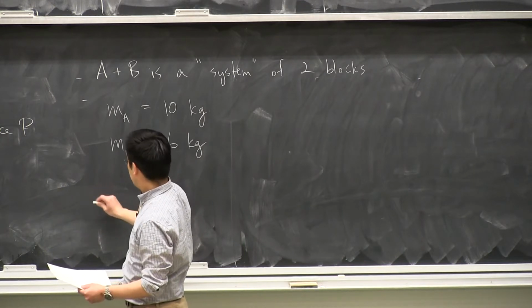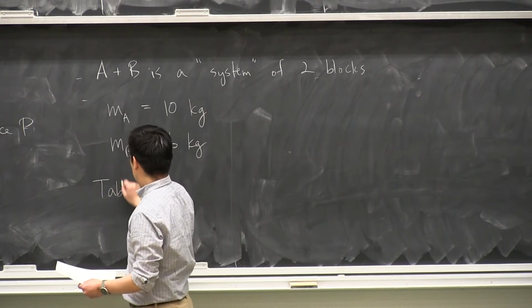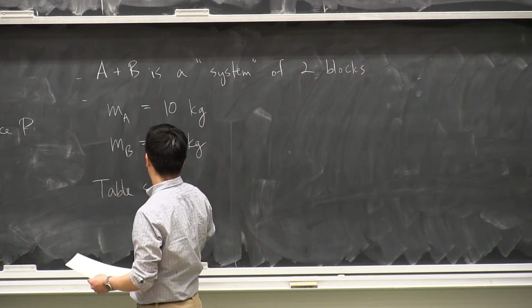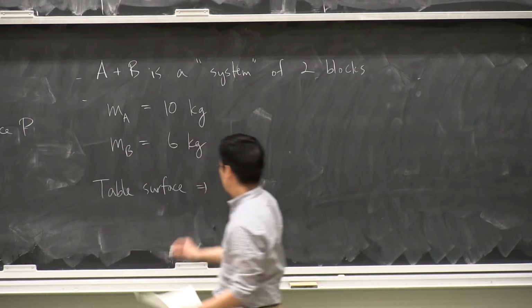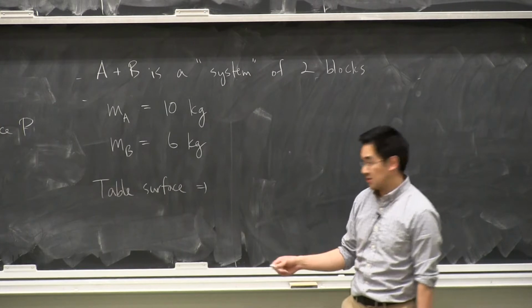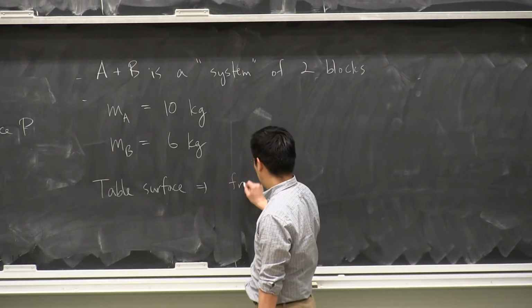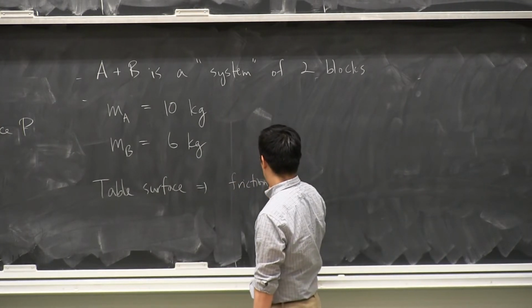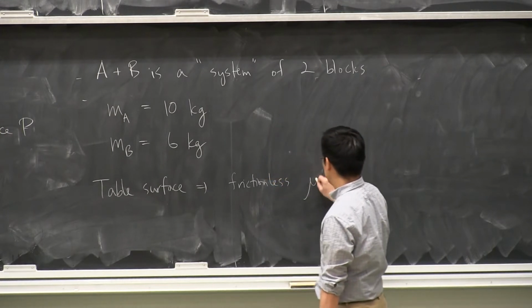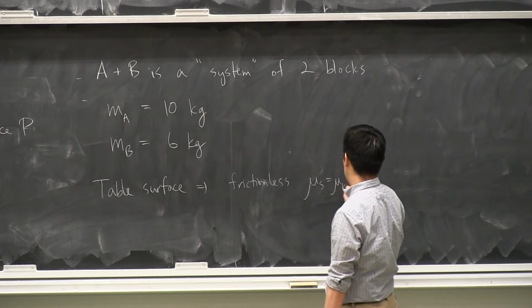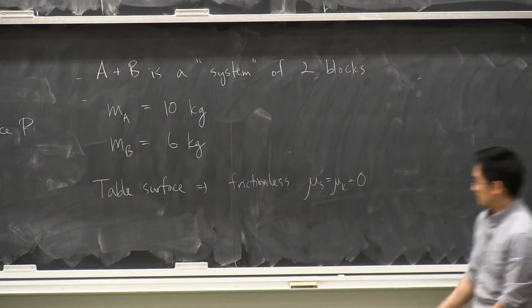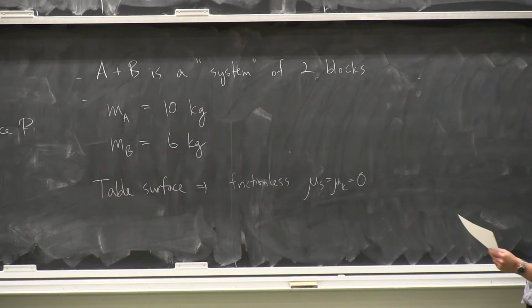So, table surface. Table surface, we're going to actually say that it's frictionless. So this means mu s is equal to mu k is equal to 0. Same thing. So we're applying no friction there.